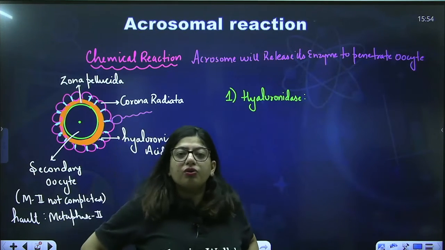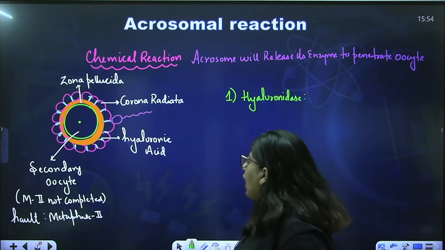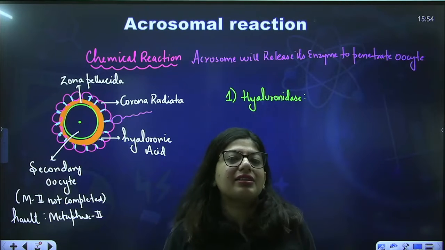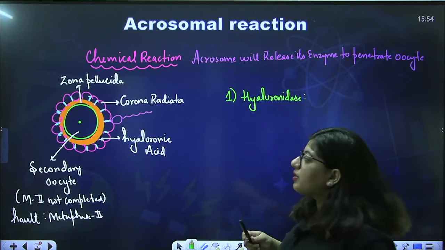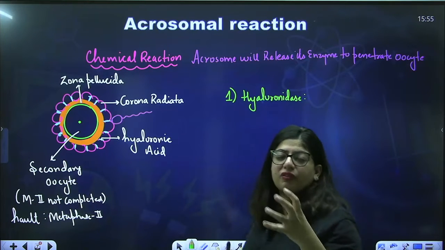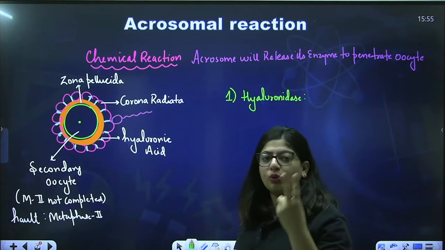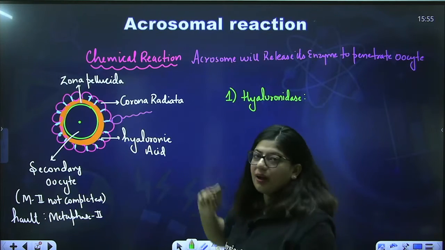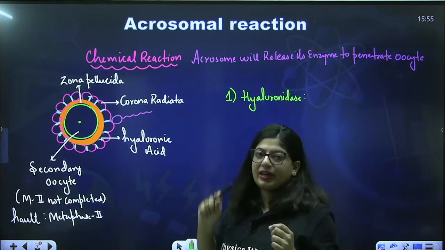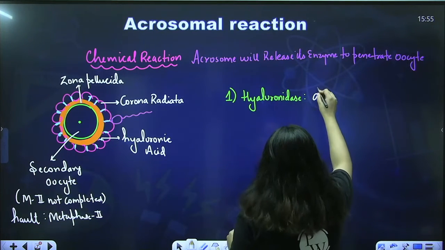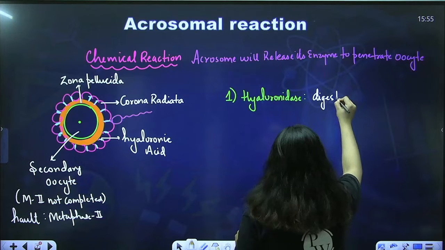So hyaluronidase will digest the hyaluronic acid, which is like a glue present between the cells of the corona radiata, because the first layer that you need to penetrate is the corona radiata. So first enzyme, hyaluronidase, will digest hyaluronic acid.